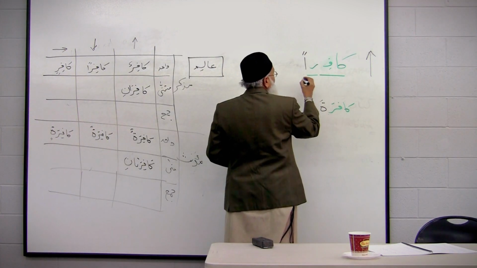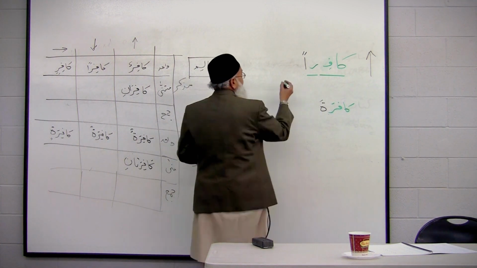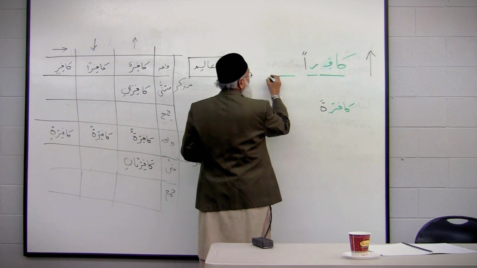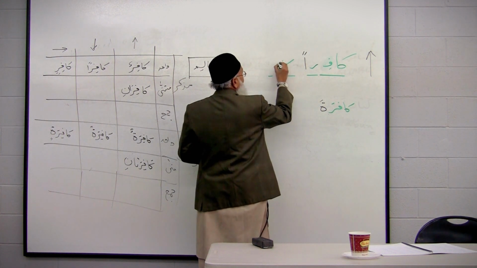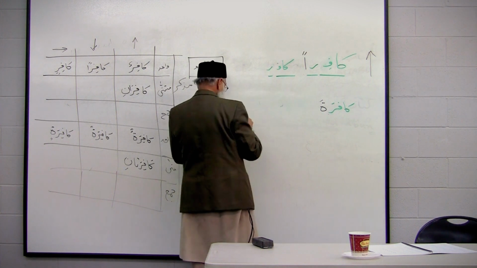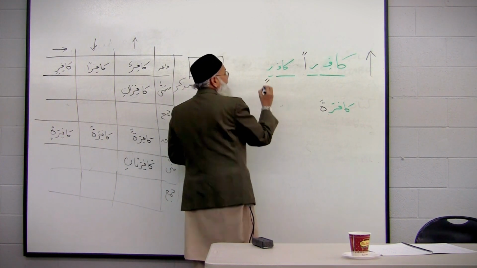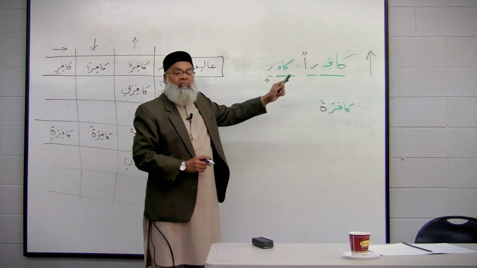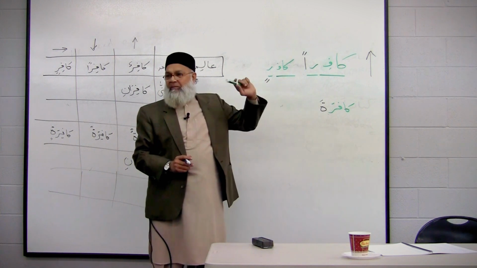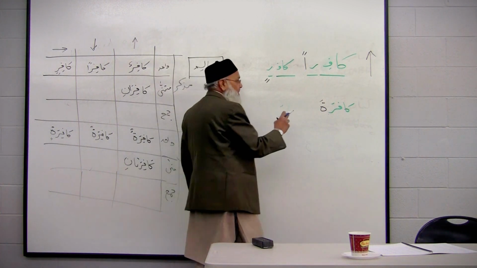Kafiran, and it is kafirin. Kafiran and kafirin in nasab and jar form. Both the nasab and jar form are converted to musanna by how?